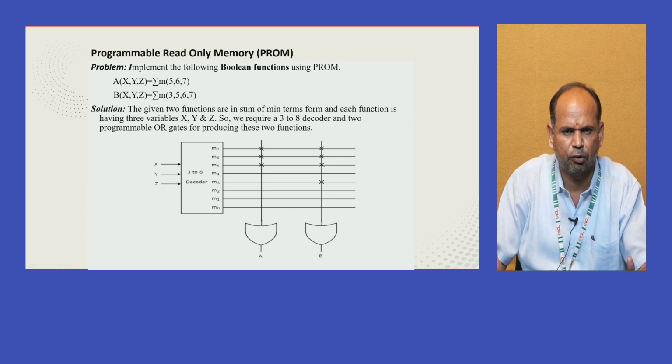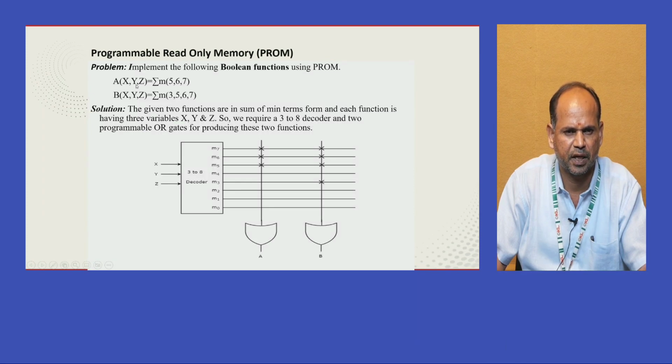But we know how to design the PROM. If we want to design the PROM, we must consider the fixed AND gates and programmable OR gates. Programmable OR gates should be marked with the intact fuse, that is the star mark. So here three inputs are there.